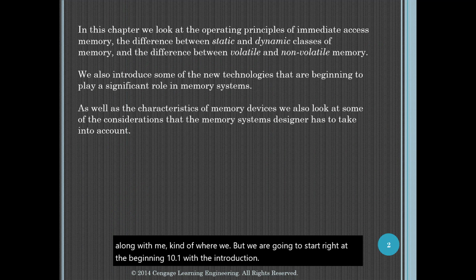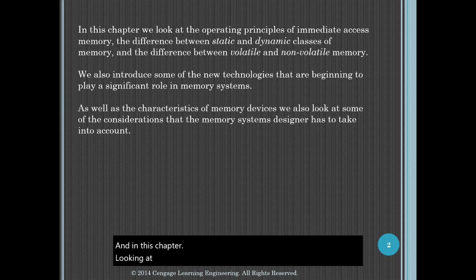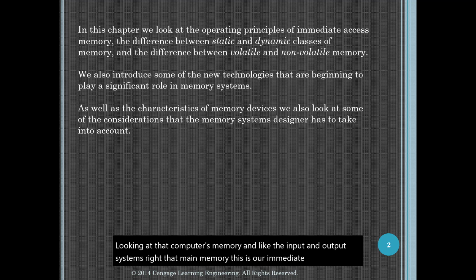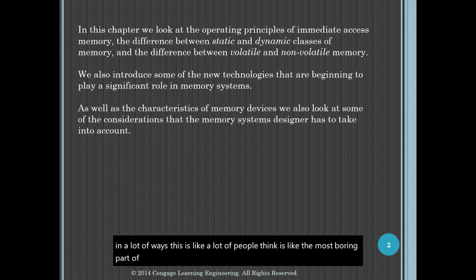In this chapter, we're looking at the computer's memory and the input and output systems, right? That main memory is our immediate access store. In a lot of ways, this is what a lot of people think is the most boring part of the computer because it's just sitting there alongside that CPU and just storing data.